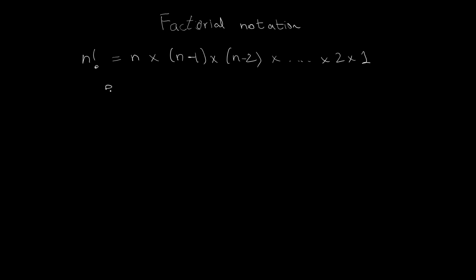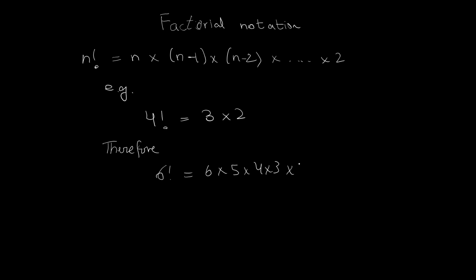For example, now in order to save your time during LUMS, you can ignore the 1 since multiplication with 1 yields the same result. Therefore, you can just remove the 1 from the formula and just stop at 2 as well. Therefore, that's it. This is stop at 2.